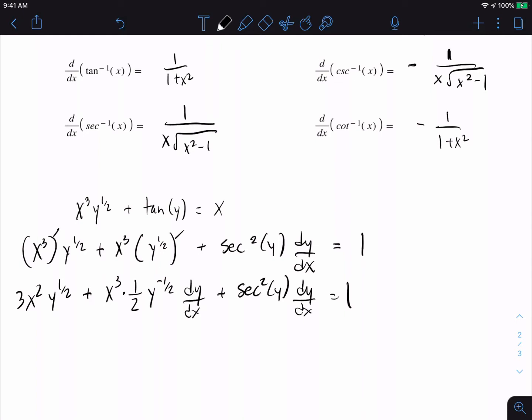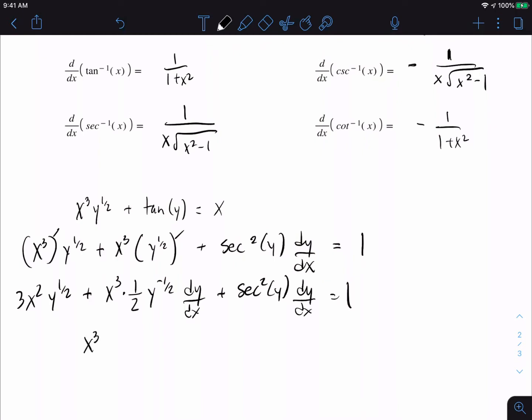So I have the 3x squared y to the 1/2 power has nothing to do with dy dx. So I'm going to move that to the other side. Okay? So I'm going to end up with 1/2 x cubed. Oops, I'm actually going to clean this up so it looks pretty because I'm all about pretty. Make it really pretty.